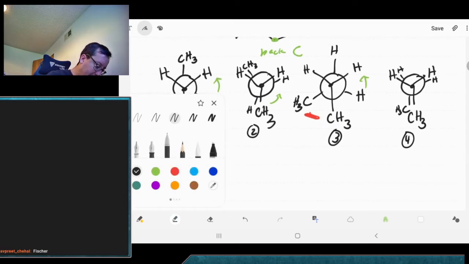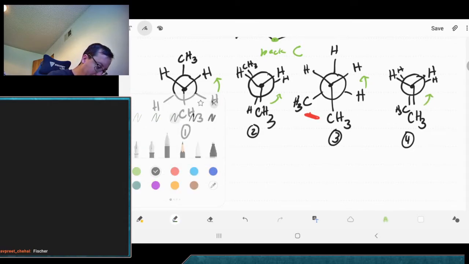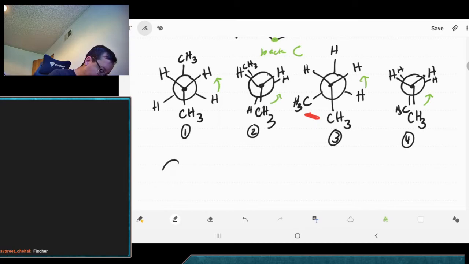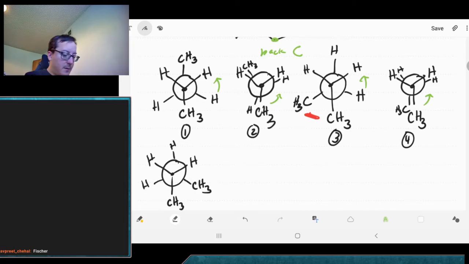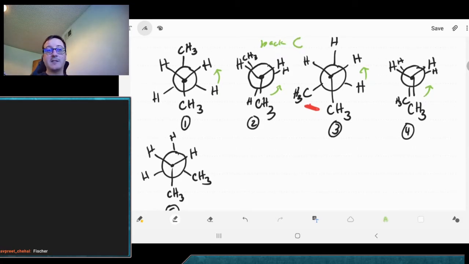If we keep rotating, number 5 and number 3 here are really essentially the same, right? We just have the methyl groups kind of near each other, and they're not so great, but still better than 4.